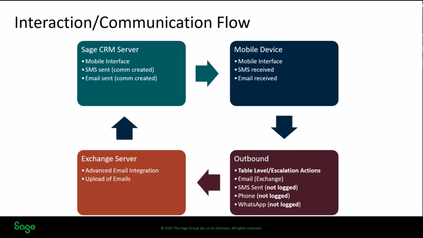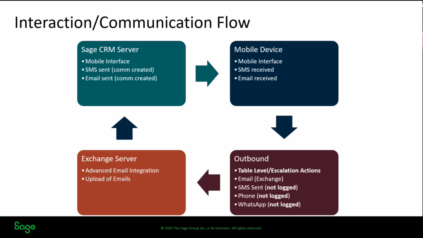We've seen in previous lessons how our mobile device is generated through the combination of a specific XSLT and CSS to be able to generate the HTML that sits within the mobile browser. We know that the server, through escalation rules and notifications, can generate SMS messages, and we know that they can send emails, in which case communication records can be created automatically.